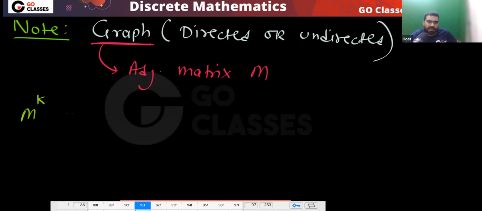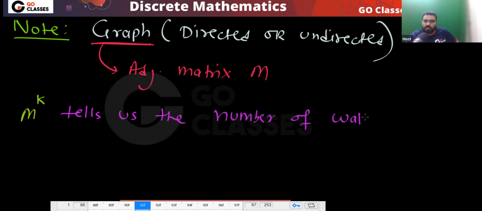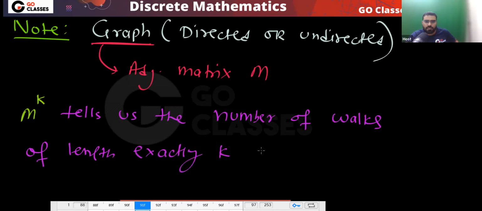This M power K tells us the number of walks of length exactly K between any pair of vertices, between every pair of vertices.